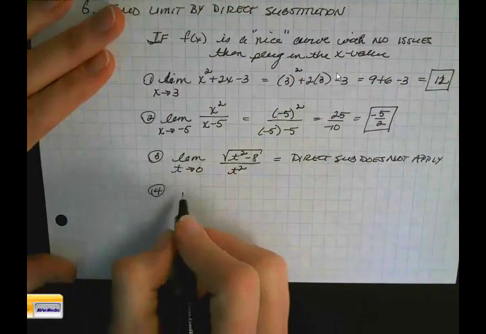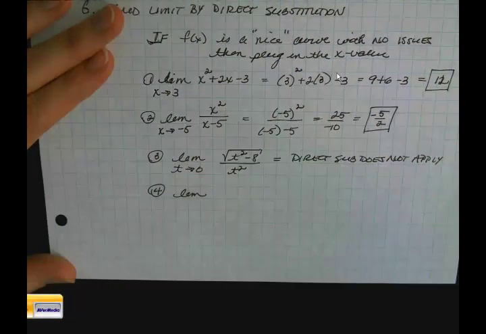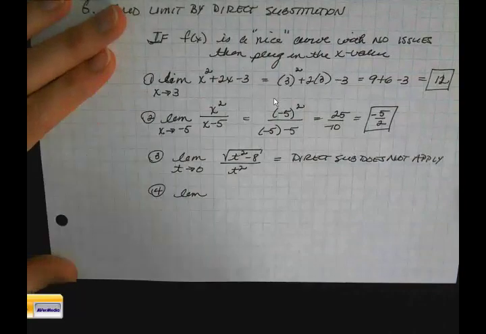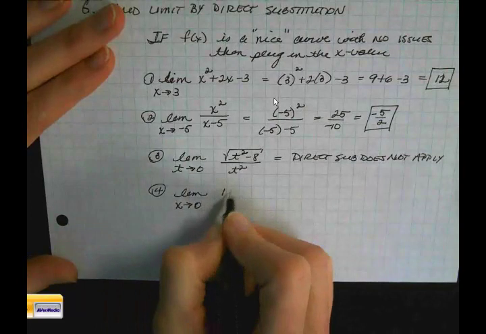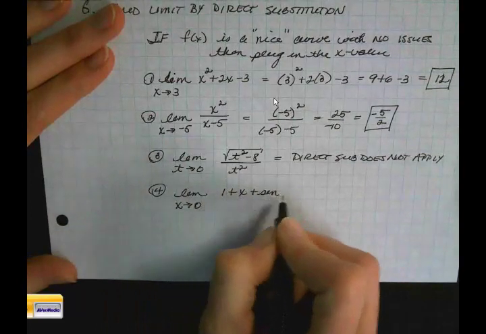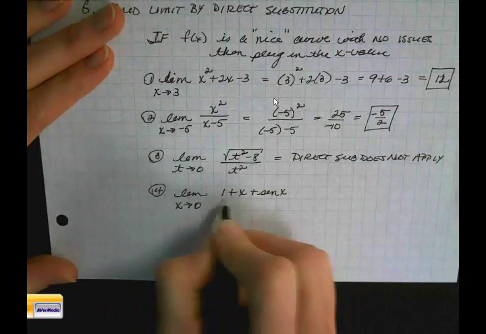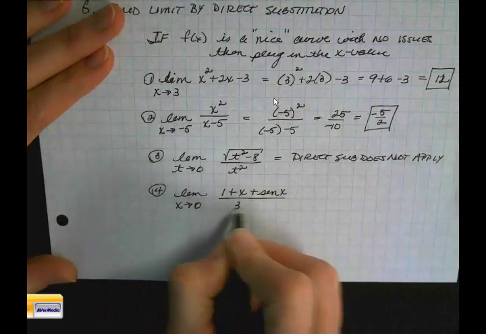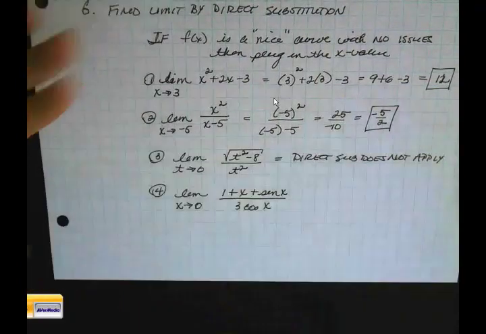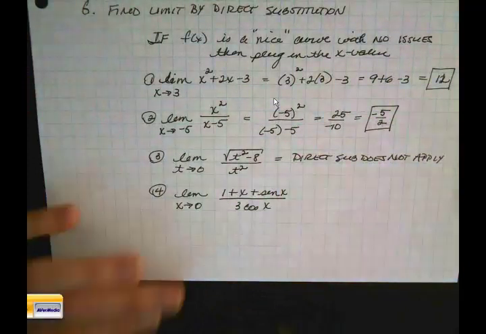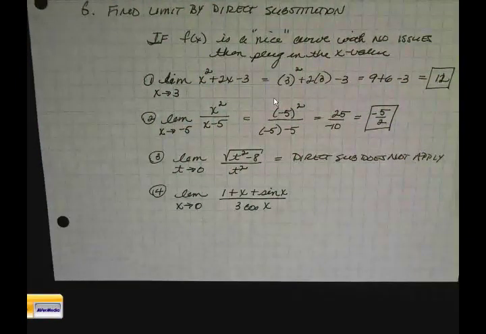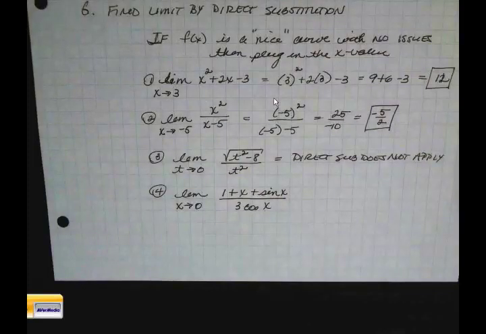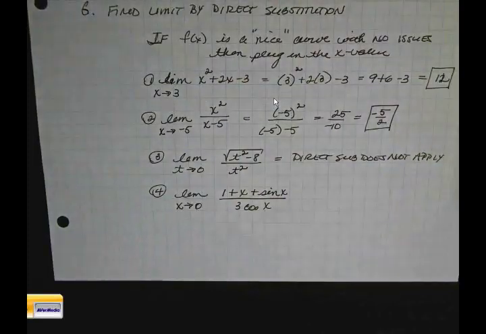Okay. Suppose we have something like the limit as x is approaching 0 of 1 plus x plus sine of x over 3 cosine of x. I would not want to have to graph that. I have no clue what that looks like. But are we lucky enough to be able to plug this number in and all be well? Yeah, we're going to be okay.